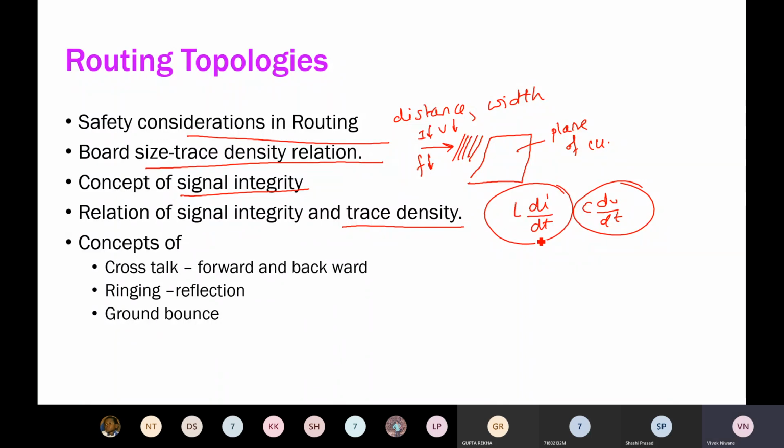Along with these two relations we do have impedance matching. If the impedance of tracks does not match, then we will have reflections and VSWR concepts in our design. Then crosstalk, forward and backward, very important.